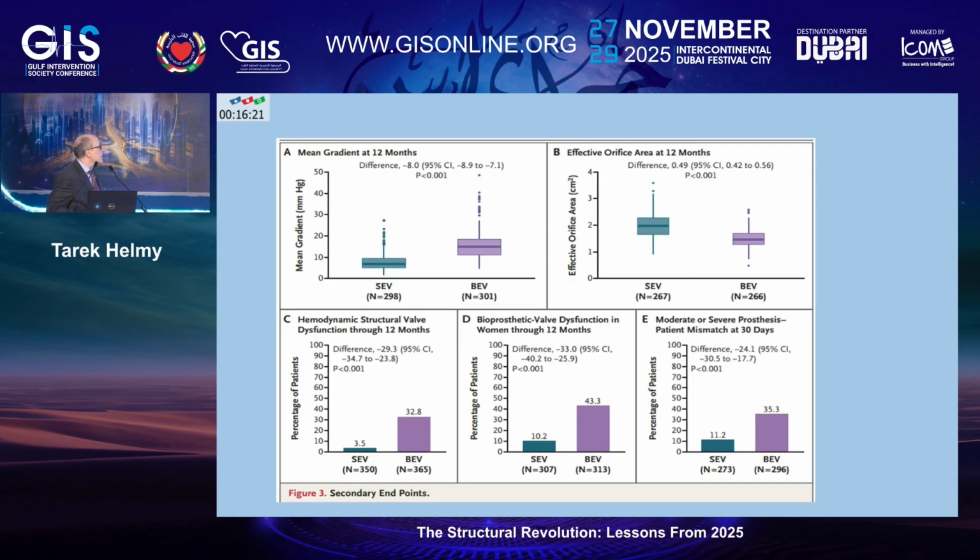As you can see here, the mean gradients are higher for balloon expandable. The effective orifice area is higher in self-expanding, and the hemodynamic, structural, and bioprosthetic dysfunction are significantly higher in balloon expandable. So if you have a small annulus, consider your choice of device.